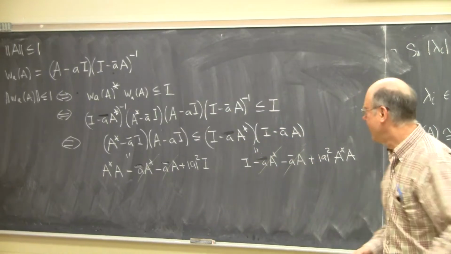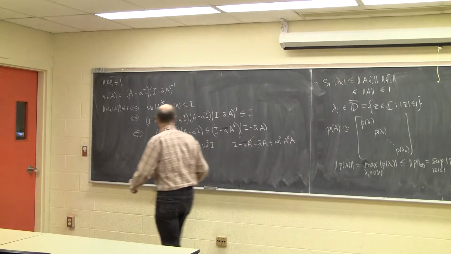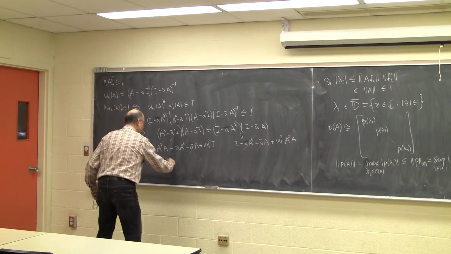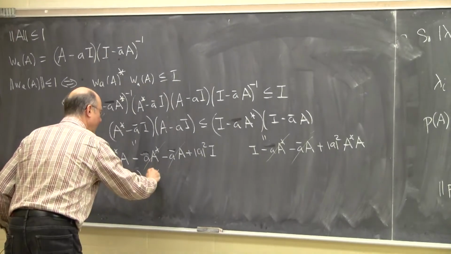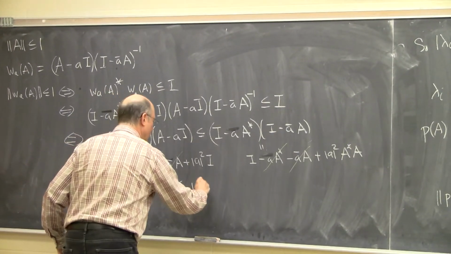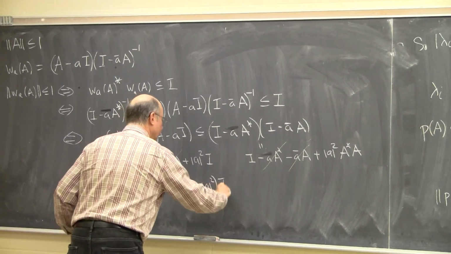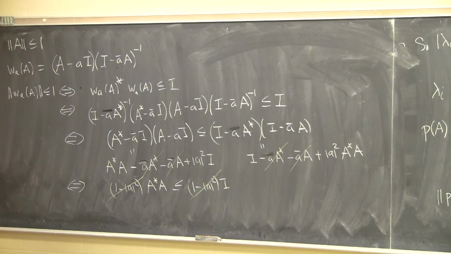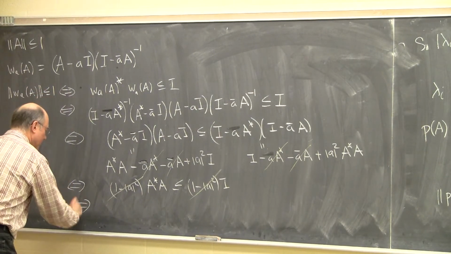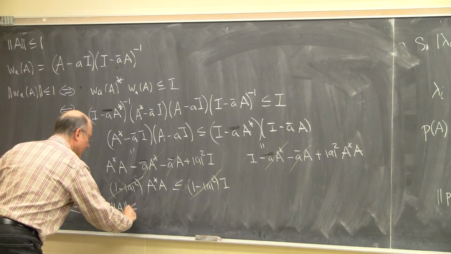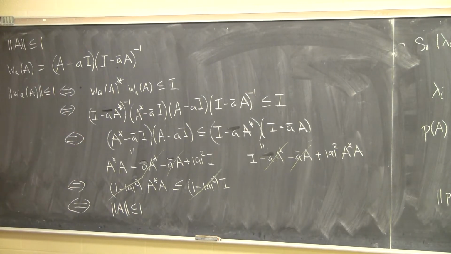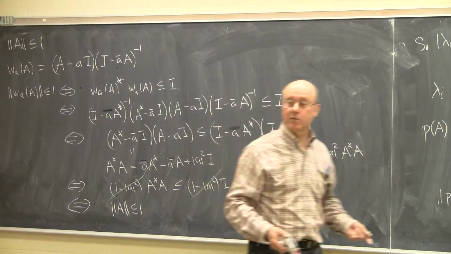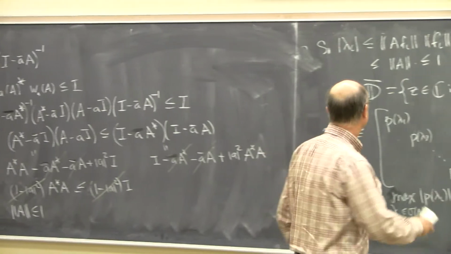And so this is true if and only if, let's bring all the A star A's to the left, (1 minus absolute value of a squared) A star A is less than or equal to (1 minus absolute value of a squared) times the identity, and we can cancel those off. And so that's if and only if the norm of A is less than or equal to 1. So, in particular, if the norm of A is less than or equal to 1, this is true for that particular function.